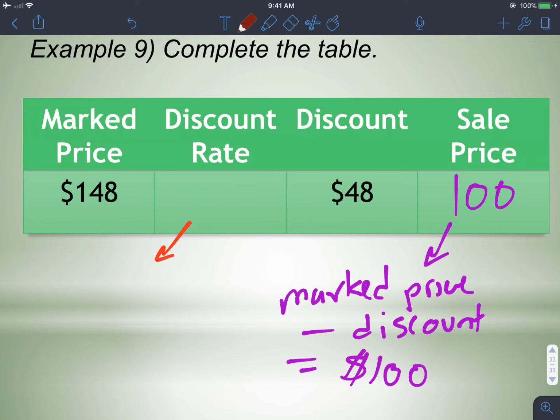Proportions, maybe? So, set up a proportion or percent equation.